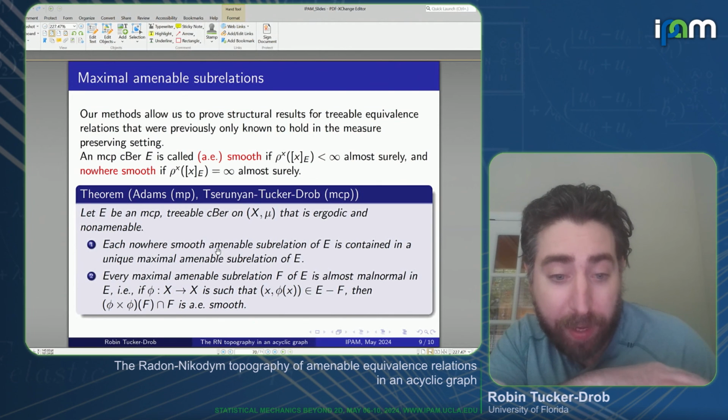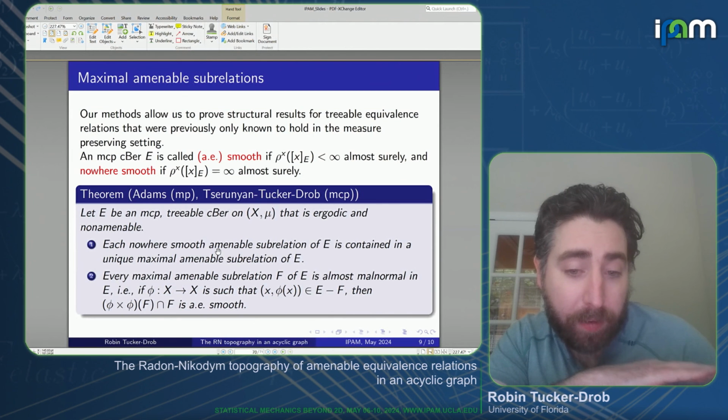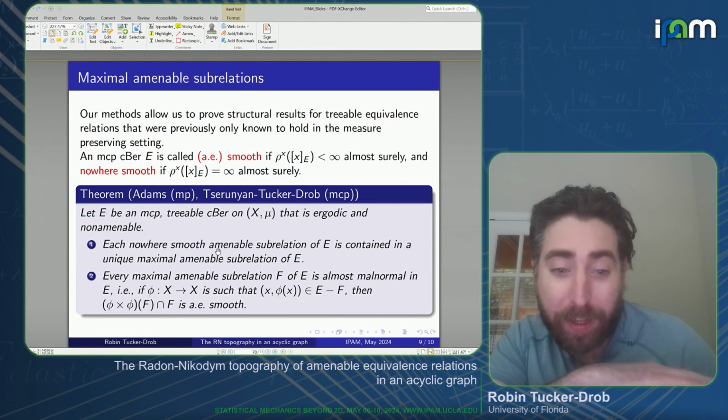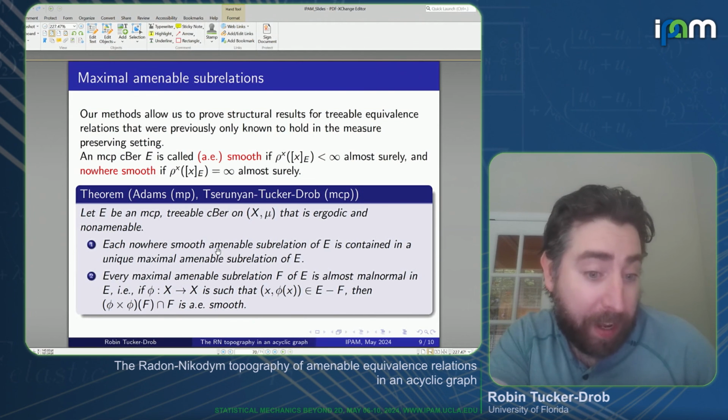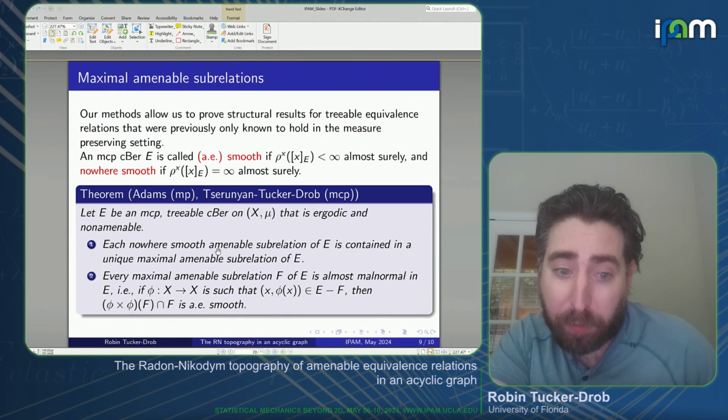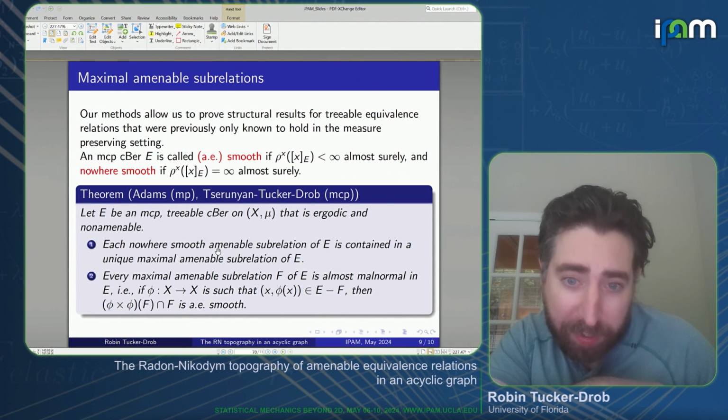It's saying that if I take this bijection phi whose graph is in E minus F, then when I apply that inner automorphism of E to F, the intersection with F is almost everywhere smooth. Being smooth is a smallness; it's saying that the classes are cocycle finite.